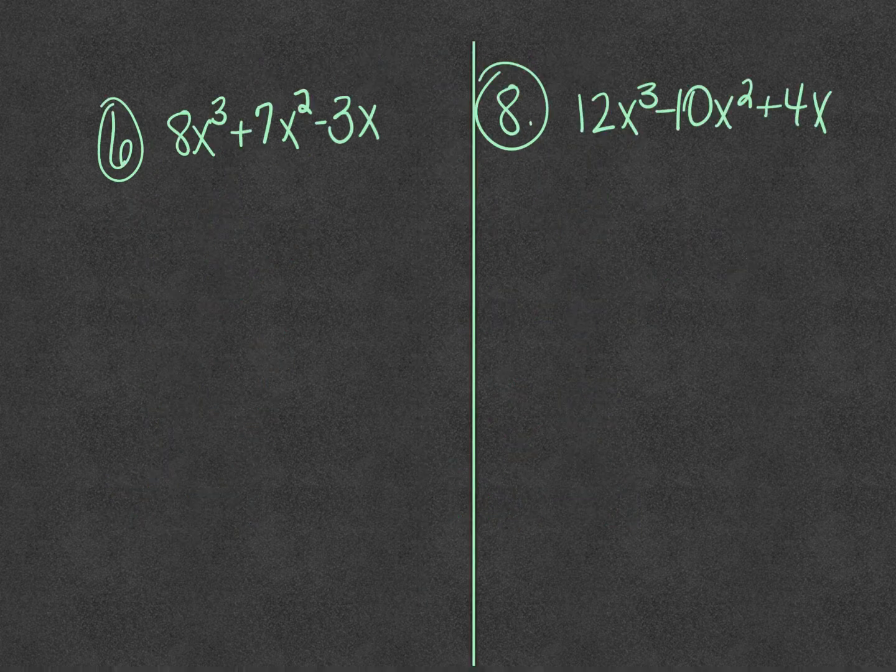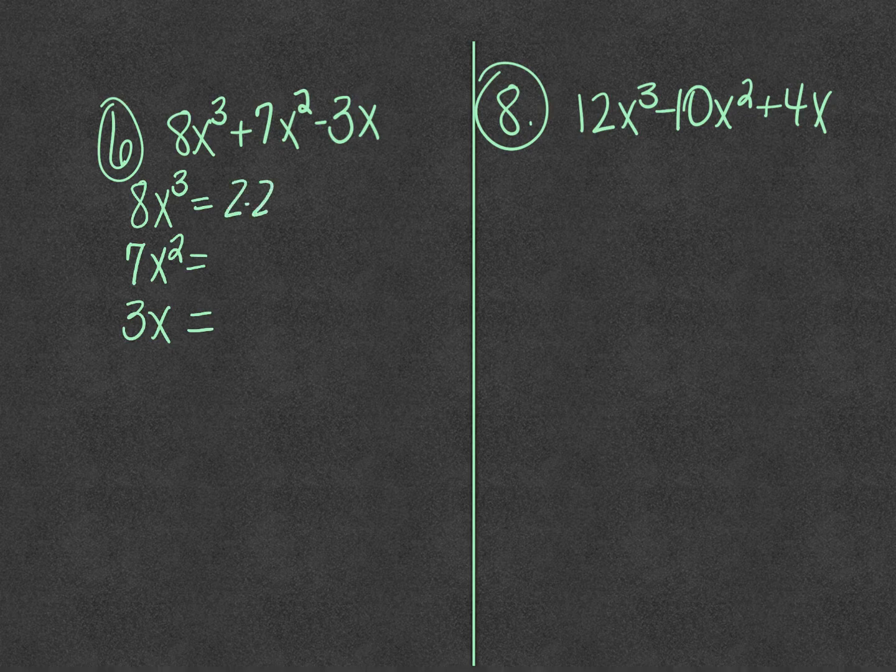Check your answers. Let's move on to 6. It gets a little harder here. So we have 3 terms: 8x to the third, 7x squared, and 3x. Okay? So our prime factors for 8x to the third are 2 times 2 times 2 times x to the third.